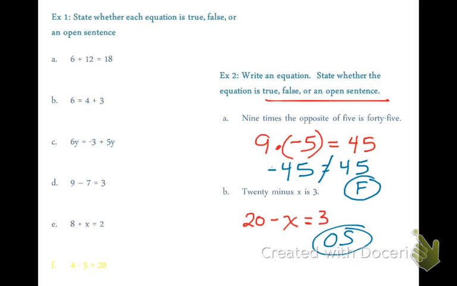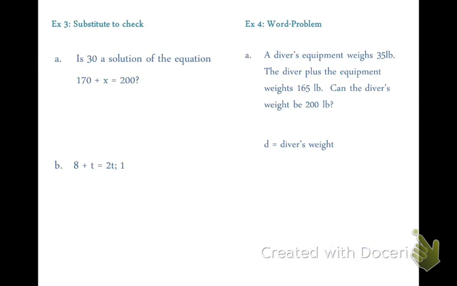All right, let's check out examples 3 and 4. Okay, example 3, it says, is 30, so they gave you your number 30, a solution of the equation. So they're saying, if you put 30 in for x, will it be a true statement?